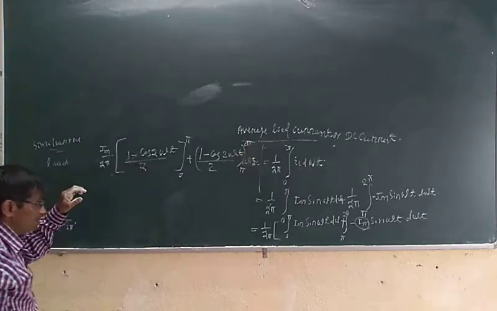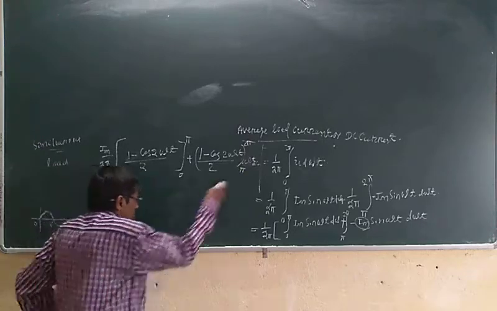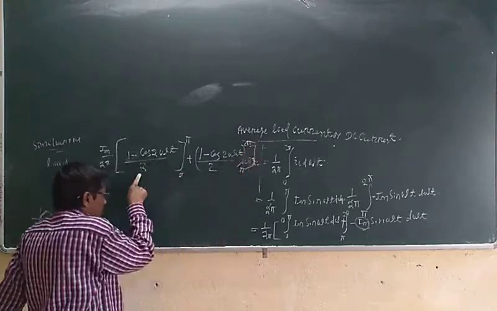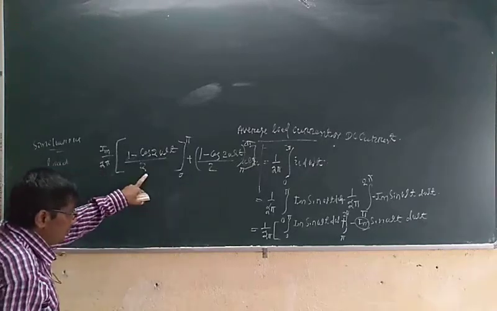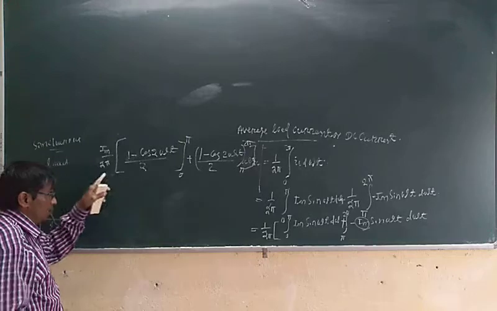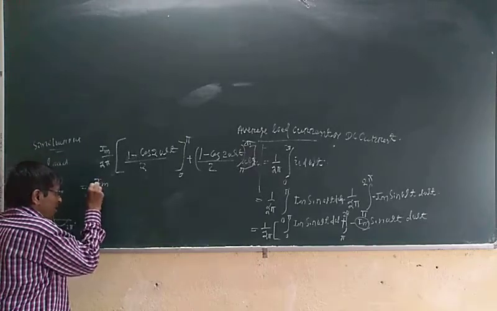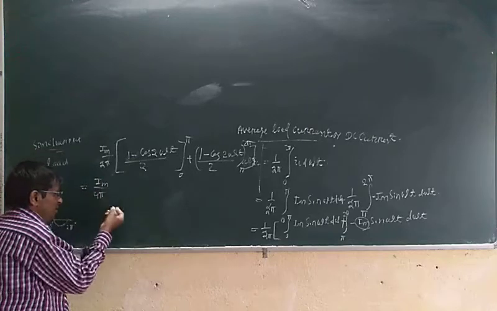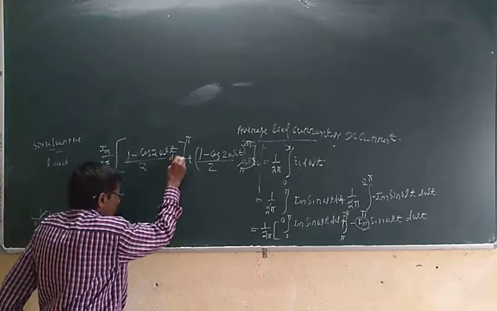Now we see the denominator is 2 and the denominator is 2, so it will be common and multiplied with this. Now Im by 4 pi, that is the d omega t.